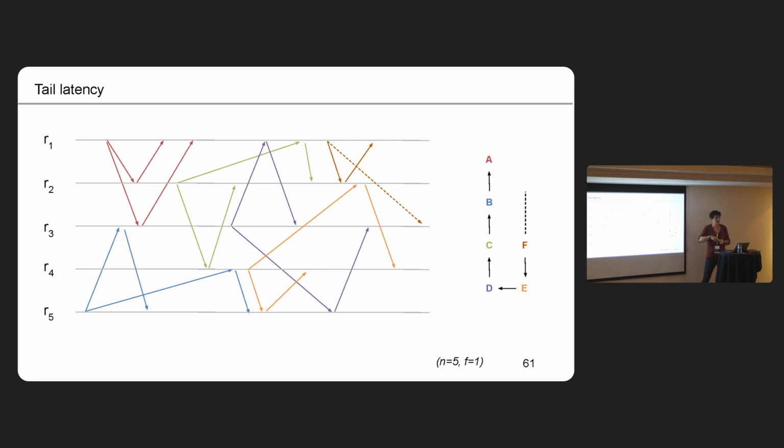That is, we have a command, the red command at the top, which is executing, and then it picks up the blue command as a dependency, which itself picks up the green command, and this command picks the purple command, etc., etc. And this forms this chain.